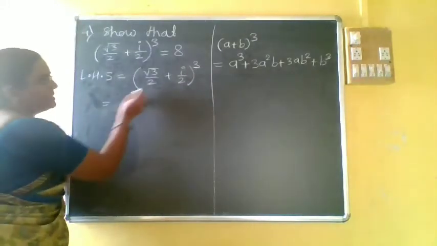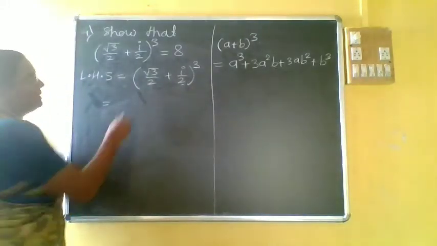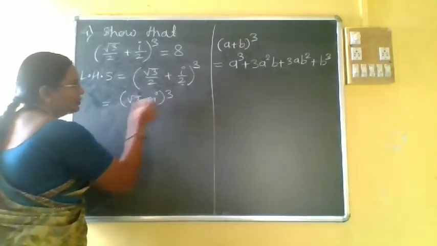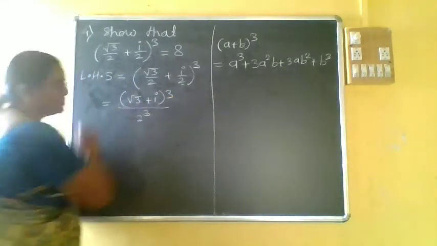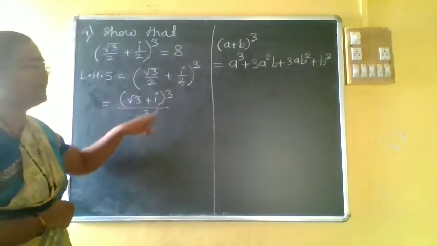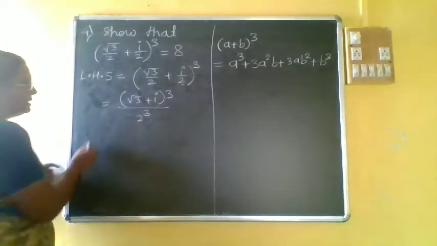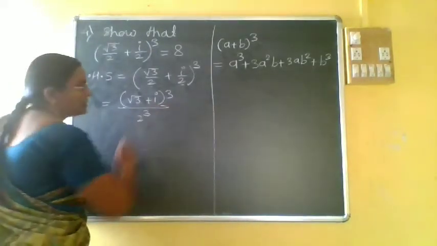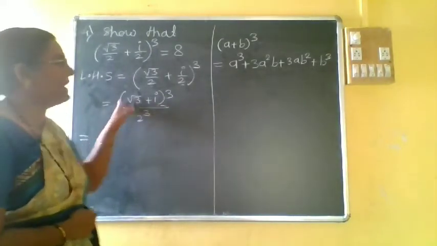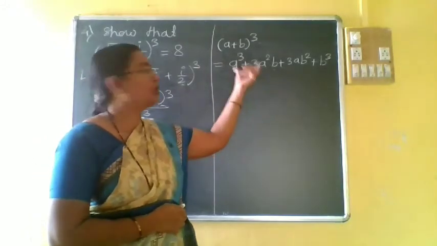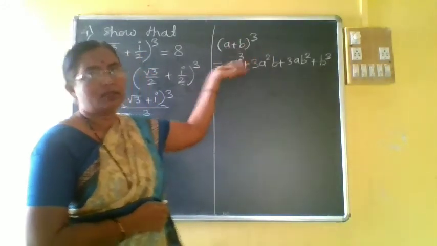It can be written, since the denominator is the same, as (root 3 plus i) bracket cube divided by 2 cube, taking the index separately to the numerator and denominator. We expand the bracket using this formula of the expansion of (a plus b) bracket cube.